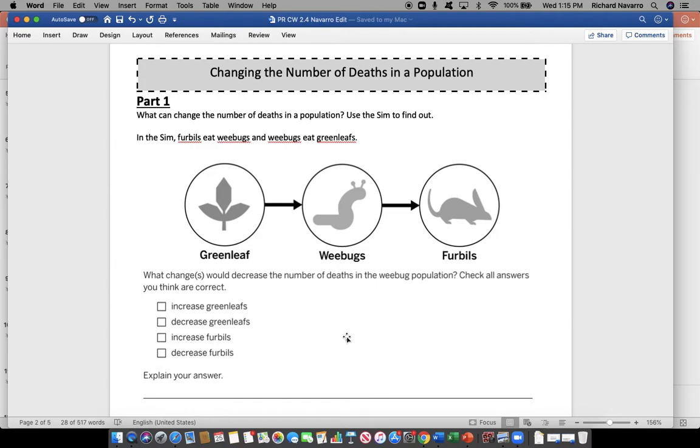Use the sim to find out. In the sim, furbles eat wee bugs, and wee bugs eat green leaves. What changes would decrease the number of deaths in the wee bug population? Check all answers that you think are correct. Do so now on your Google form.